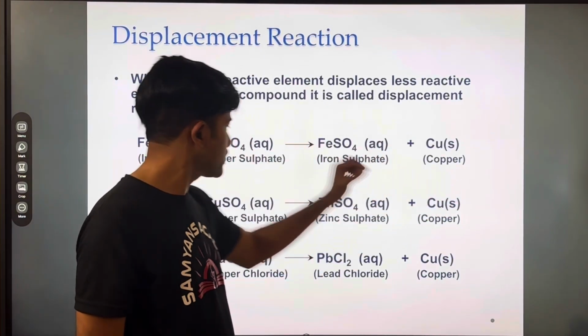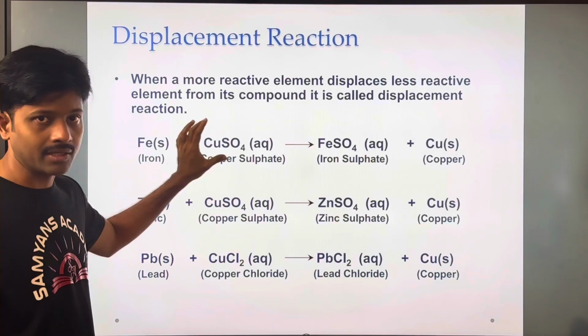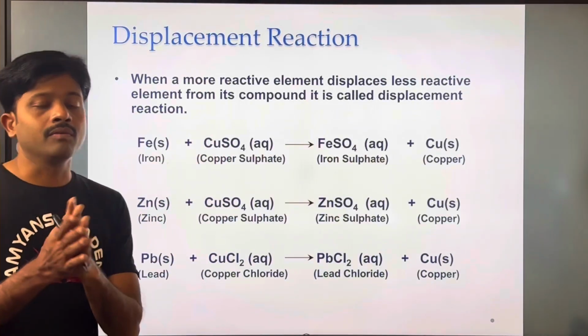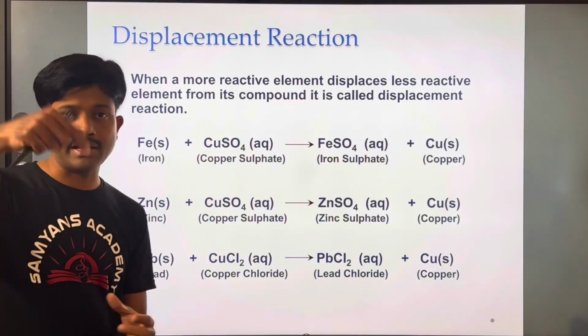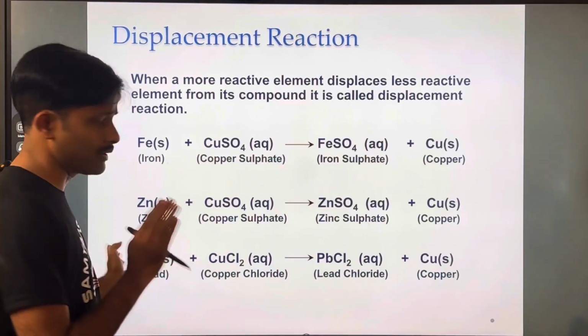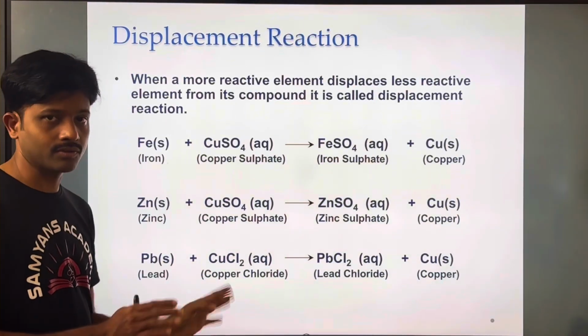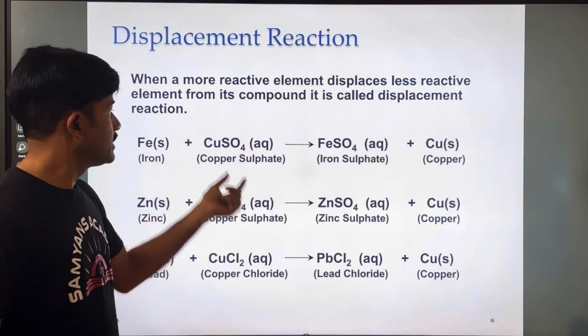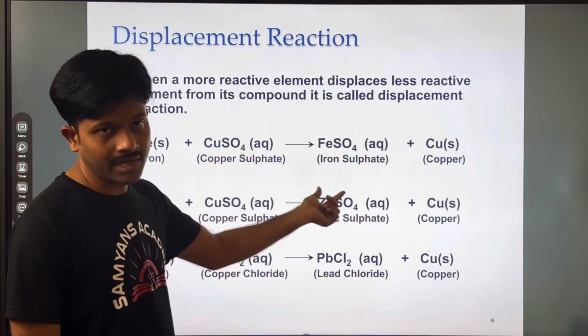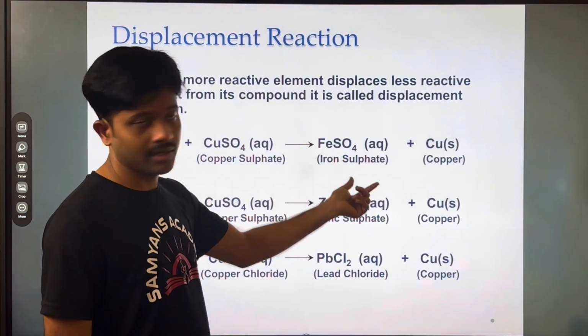This is copper. So copper sulfate, what is the color of copper sulfate? Blue in color, right? When you make this copper sulfate solution and keep iron nails in it for 24 to 48 hours, this copper sulfate slowly turns into light green color. Finally, it comes to thick green color.